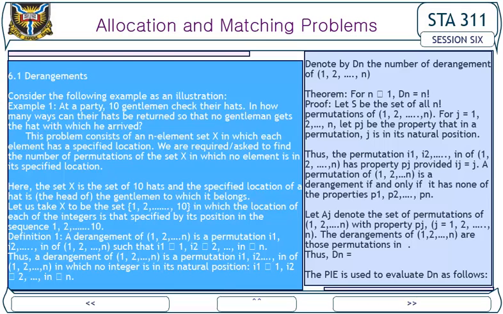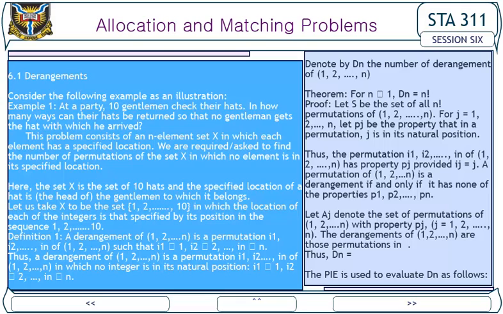We are asked to find the number of permutations of the set X in which no element is in its specified location. Here, the set X is the set of 10 hats, and the specified location of a hat is the head of the gentleman to which it belongs.